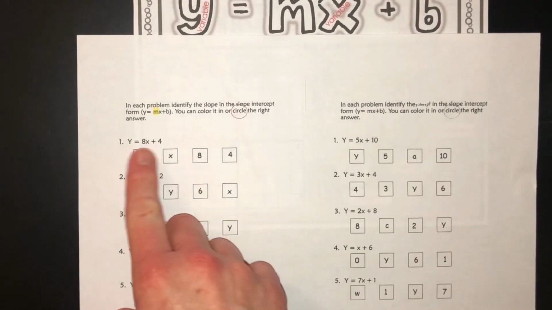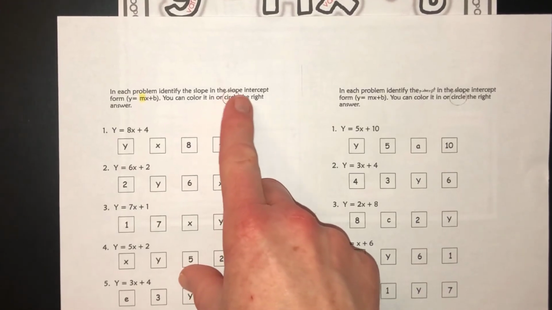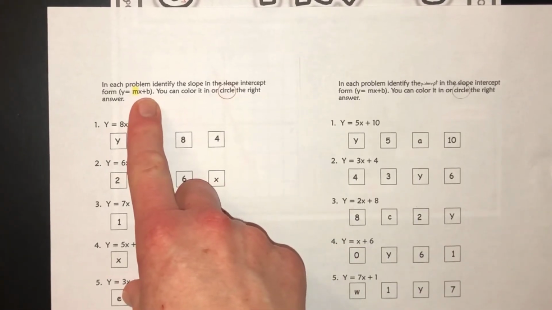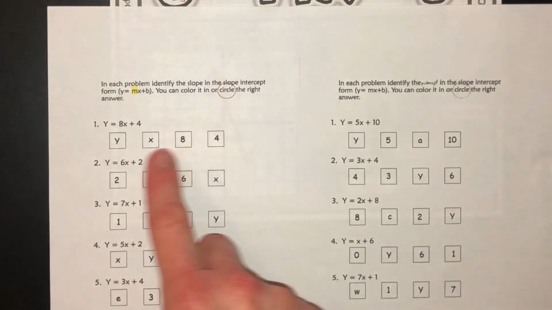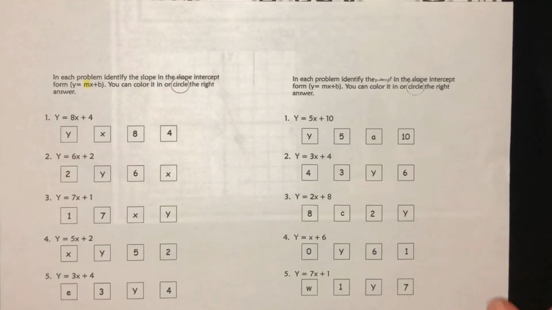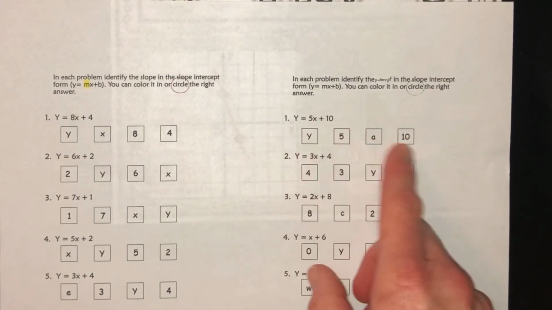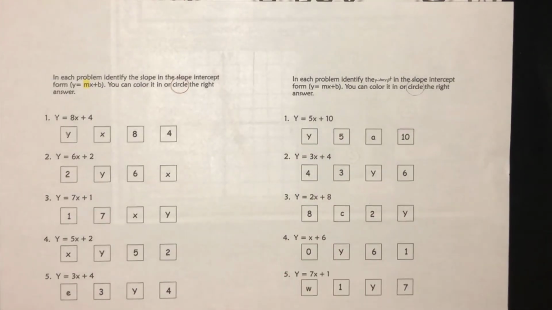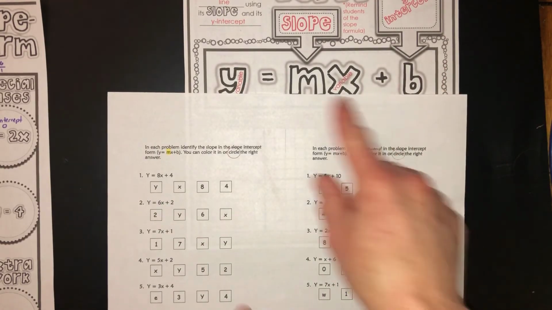On this side, you're going to look at the equation and circle the number that tells you what the slope is. And on this side, you'll circle the number that tells you what the y-intercept is. If you have any questions, always refer to this.